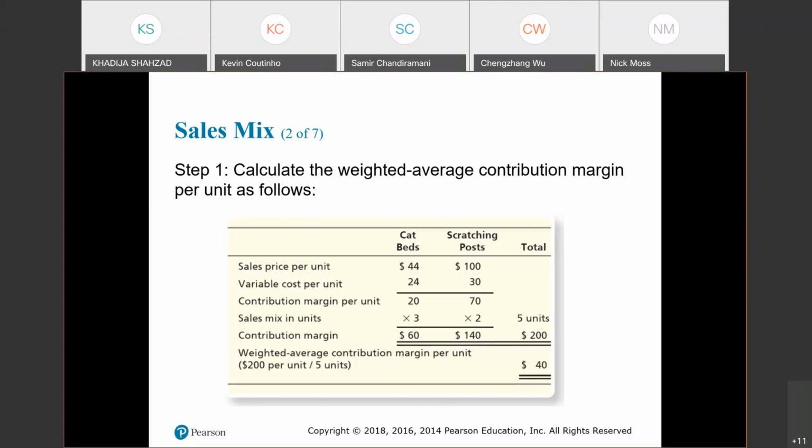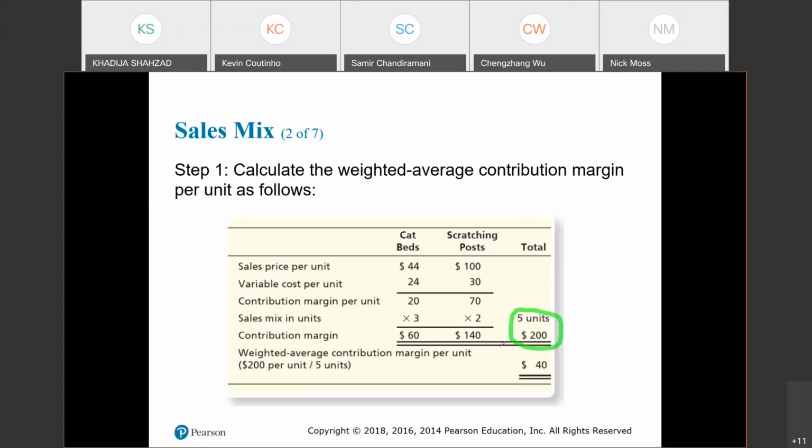So, the first step to calculate the weighted average contribution margin per unit is like this. As I said, for each package, we can expect 5 items, and the contribution margin for that package is $200.